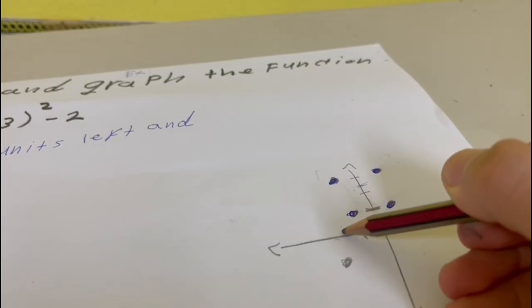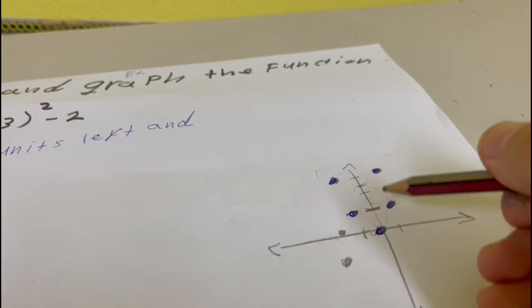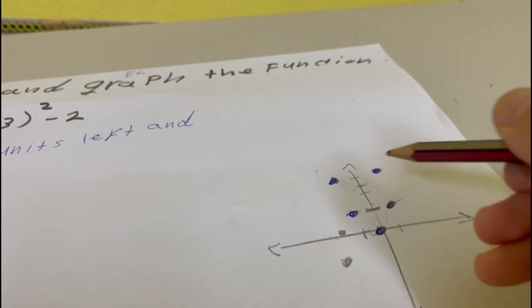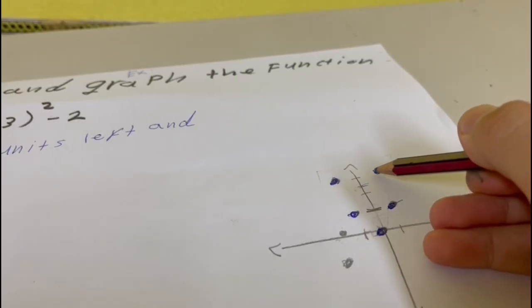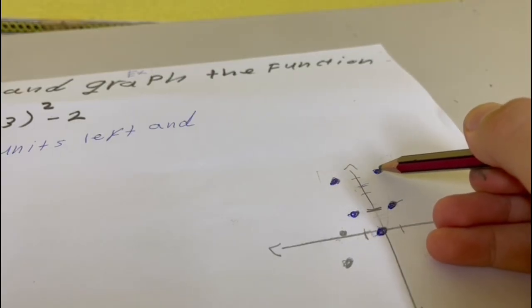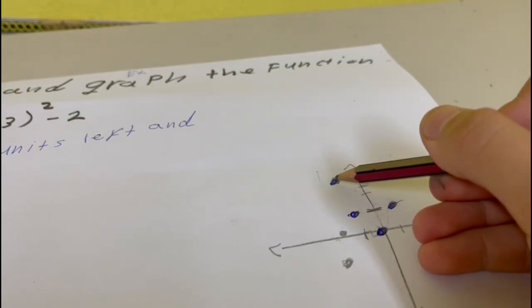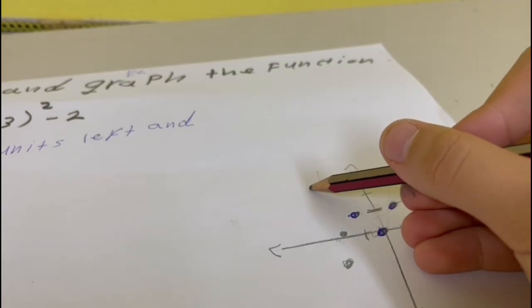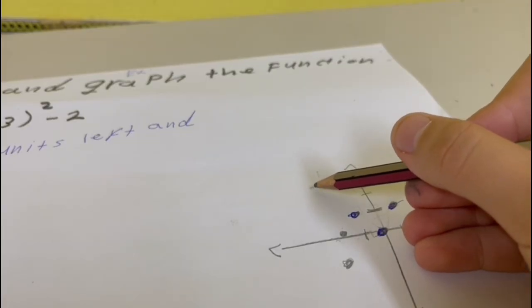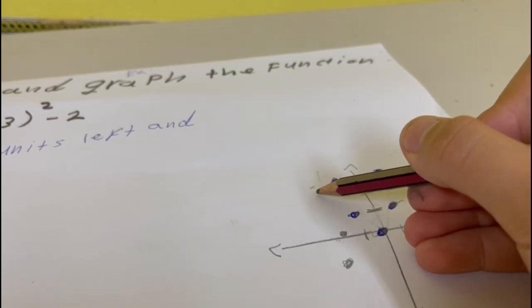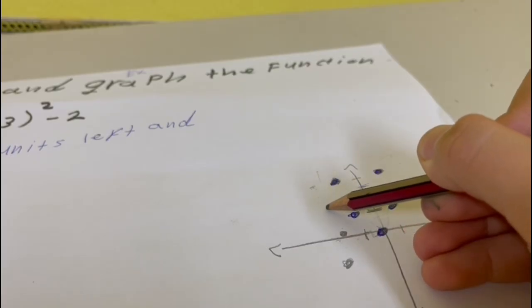Let's say that it's here, and we finished with this point. Let's start with this point. 3 units left, 1, 2, and 3, and then 2 units down, 1 and 2.